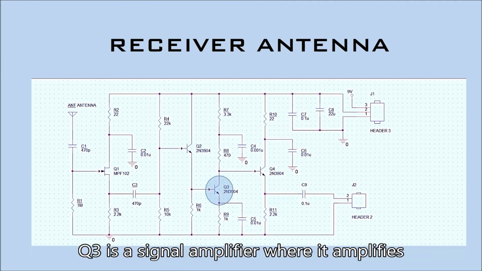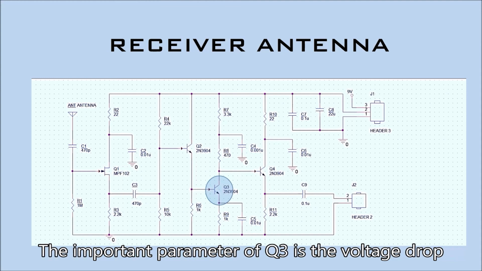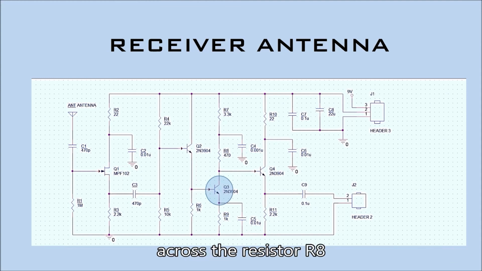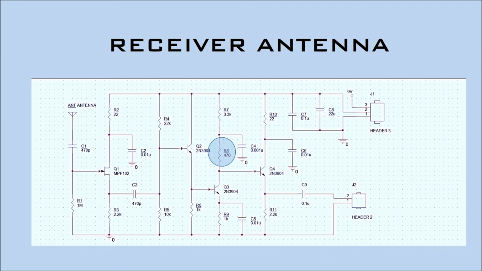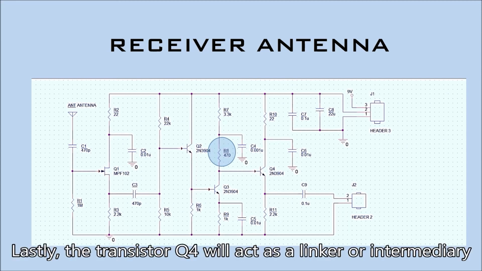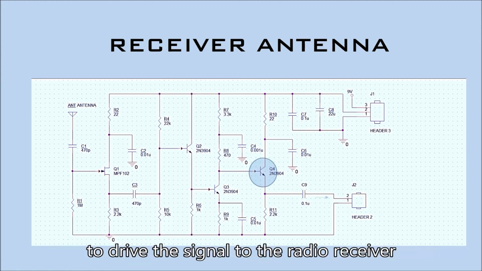Q3 is a signal amplifier that amplifies the voltage gain of the incoming signal. The important parameter of Q3 is the voltage drop across the resistor R8, where the higher the voltage across R8, the greater the gain. Lastly, the transistor Q4 will act as a linker or intermediary for modifying the high impedance output of Q3 to drive the signal to the radio receiver.